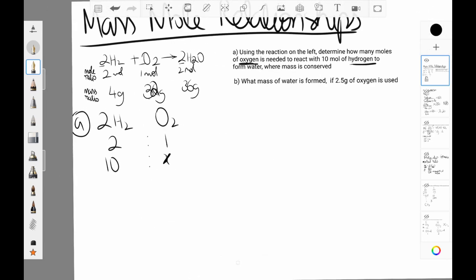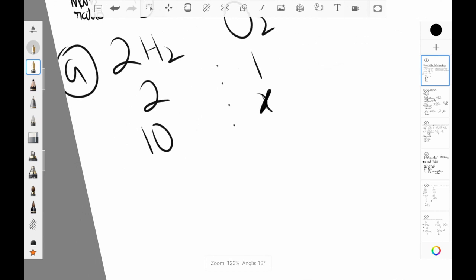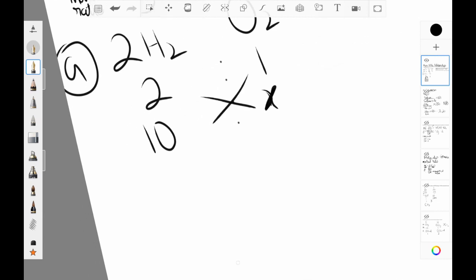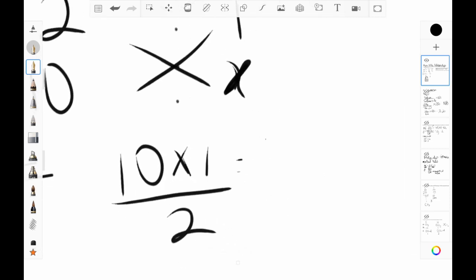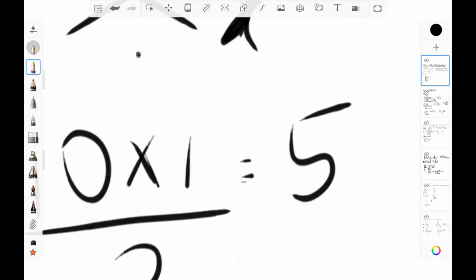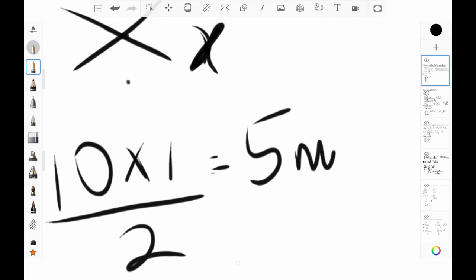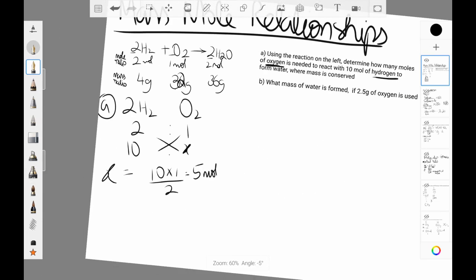Let's double check. Yes, it was. So you can just cross multiply, and your x is equal to 10 times 1 over 2, which is just 5. An important thing in stoichiometry: never forget your units. So 10 moles, 5 moles.